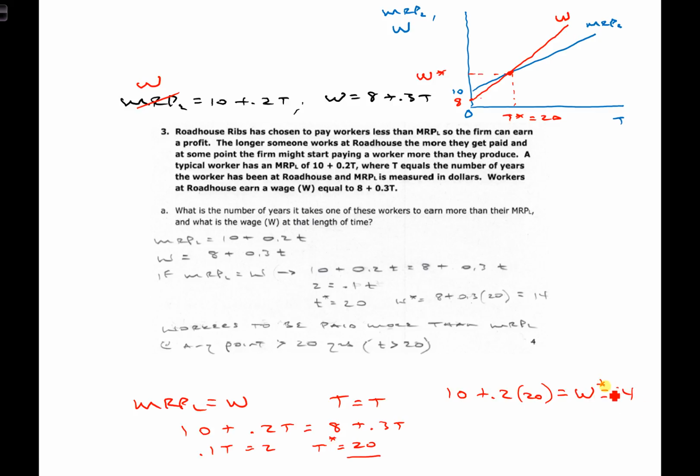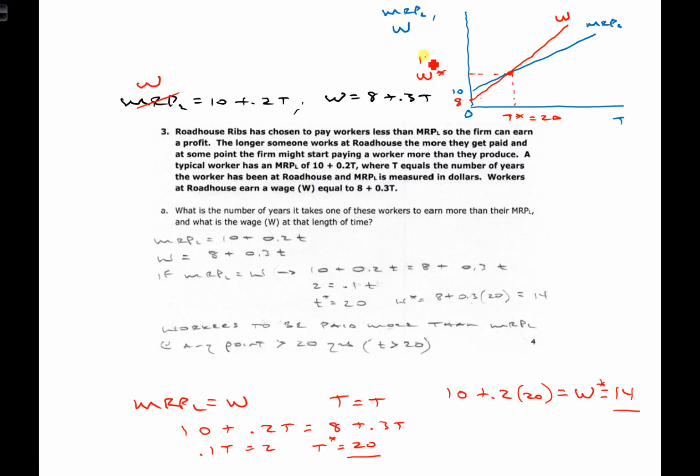Here's our wage star. We could have put this into the wage equation. I used the marginal revenue product of labor equation just because mathematically it's slightly simpler for me. But if we had used the wage equation, we would have gotten to the exact same 14.